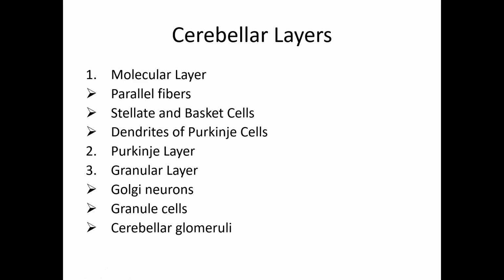What each of those types of cells do is well described in your book, and you can look at the neurophysiological properties. But one of the things that I want to do for this lecture is basically start to understand in some way how these 3 layers interact.